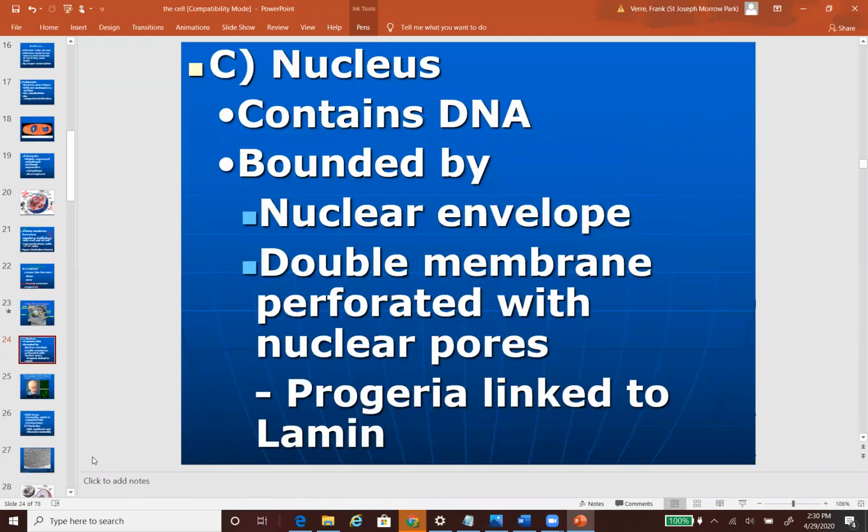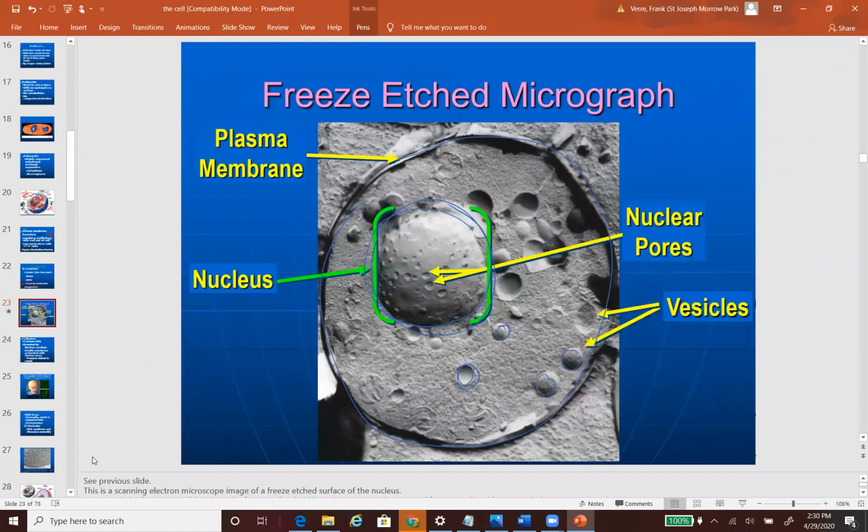All right, so we talked about what the nucleus does. The nucleus has a job. Its job is to protect the DNA. There is an interesting genetic disease that is due to a defect in the nuclear membrane. Because if I look at the nucleus, it actually has a boundary.